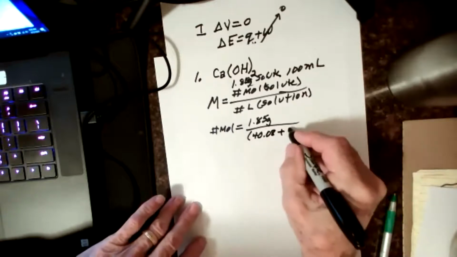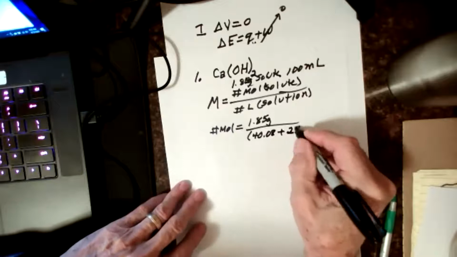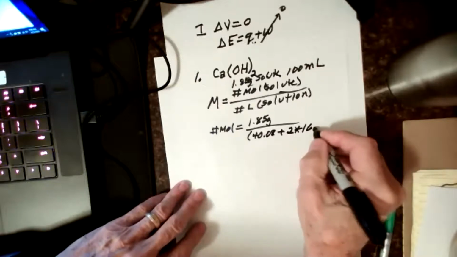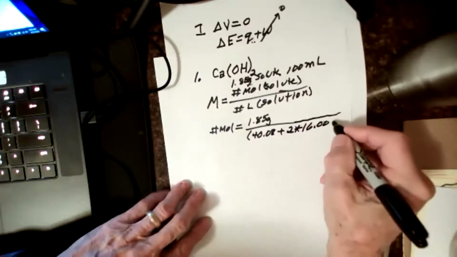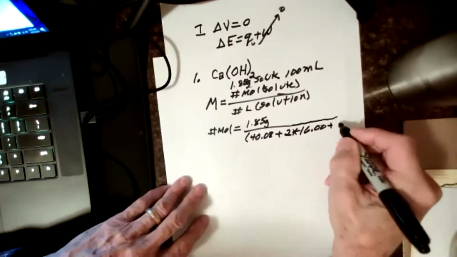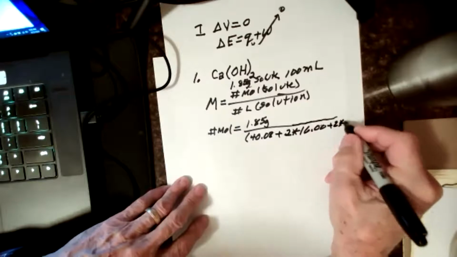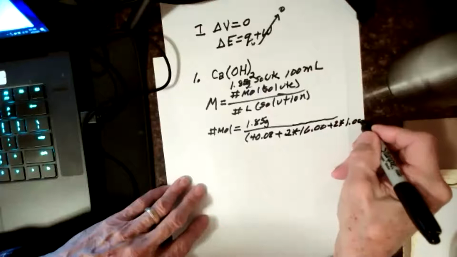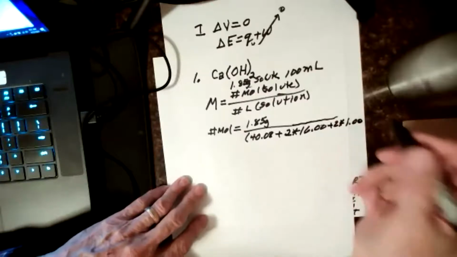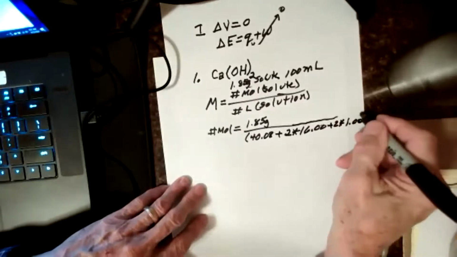Plus, I've got 2 oxygens. That's 2 times 16. And I've got 2 hydrogens. That's 2 times 1.008. Well, 1.00 is close enough, I think.